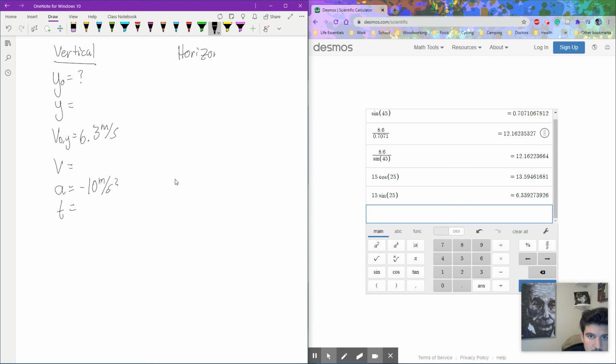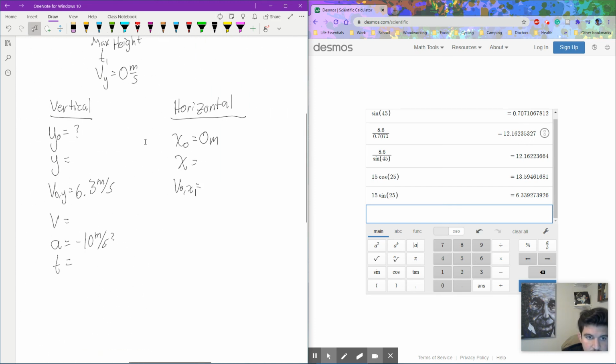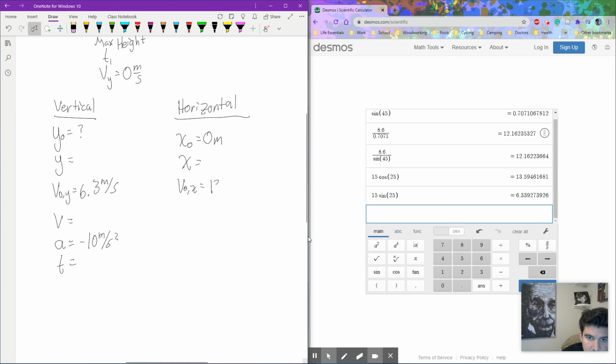In the case of the horizontal, we can call our starting position 0 because we almost always can. We don't know how far it lands from the building. We do know our initial horizontal velocity, though, and that is what we calculated from our triangle, so that's 13.6 meters per second.